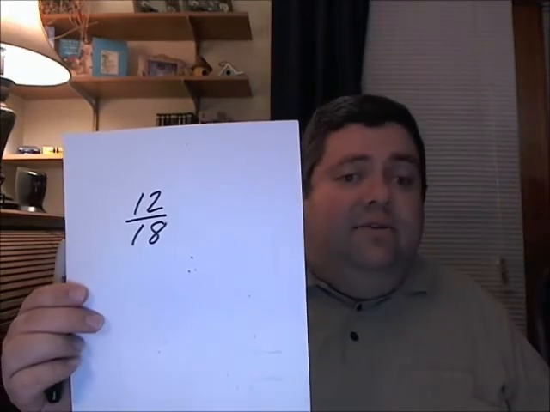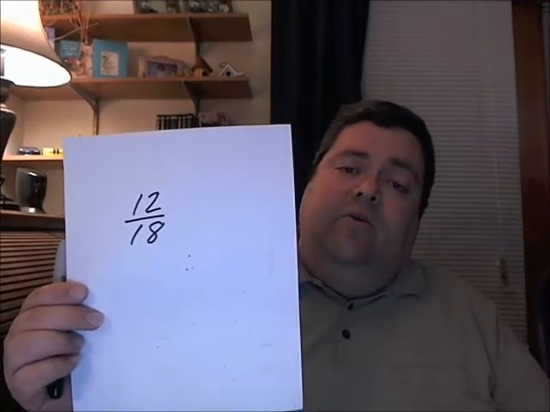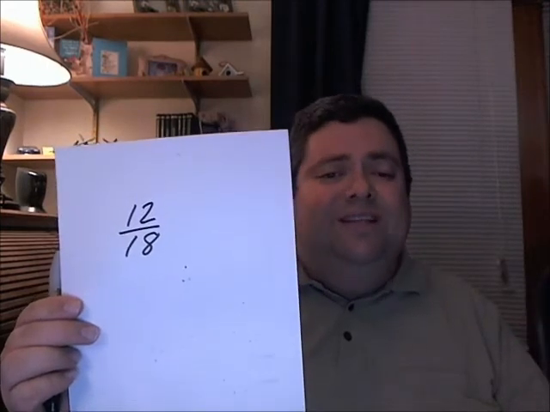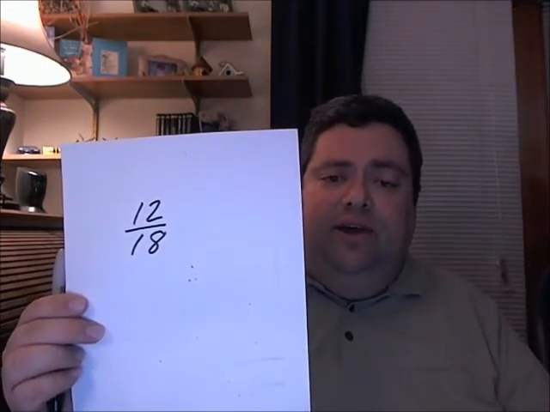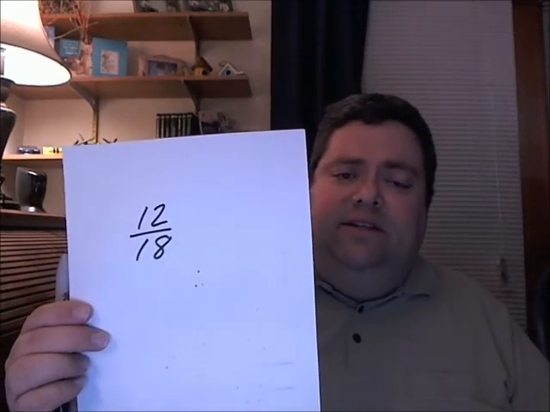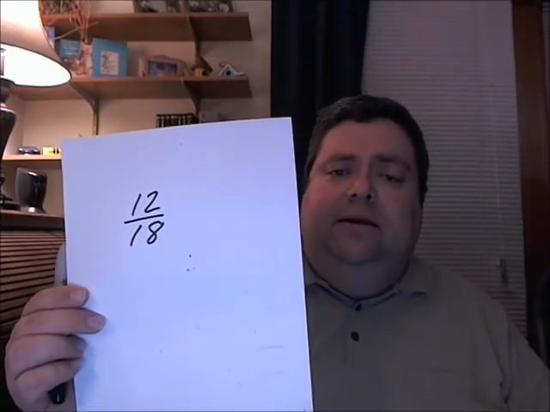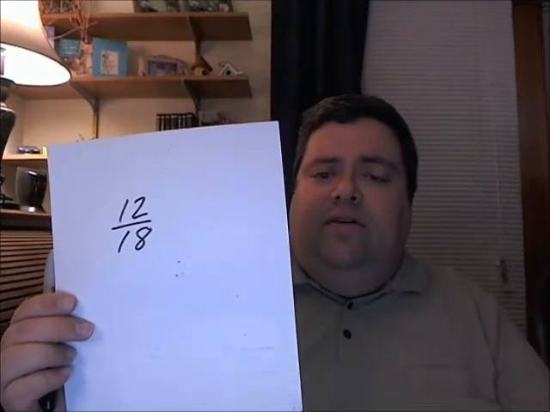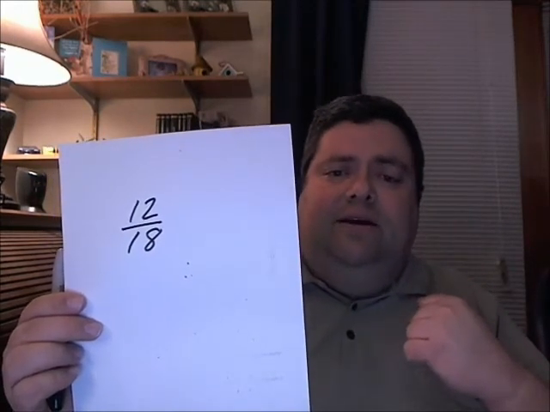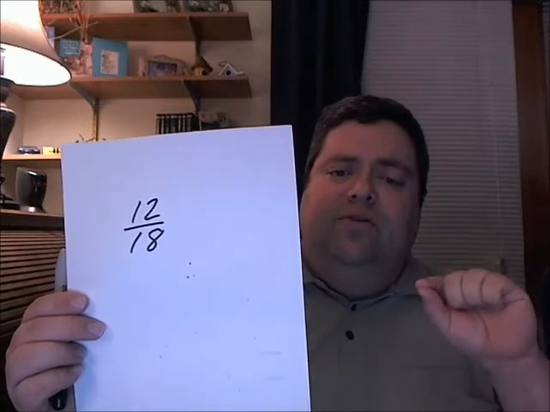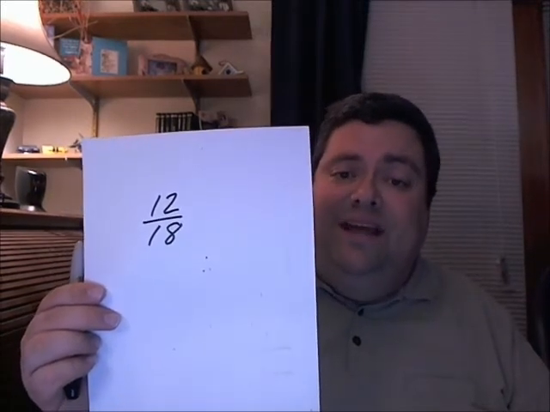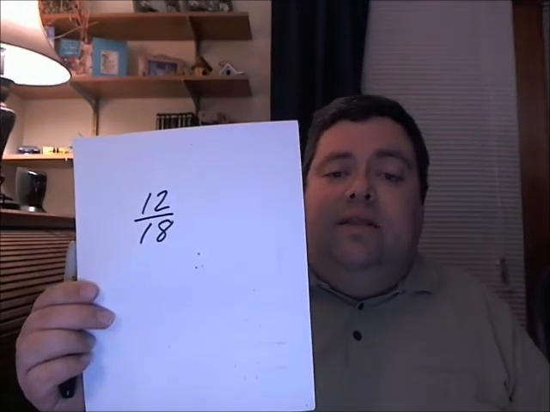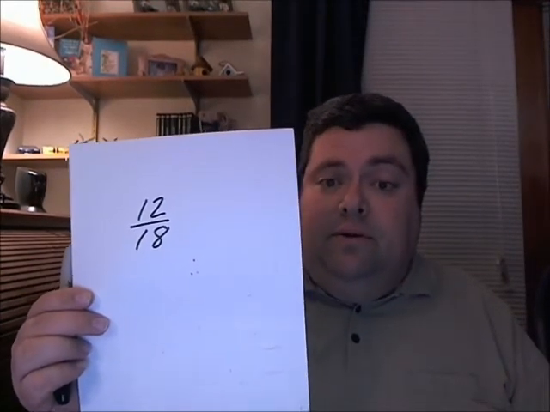Well, there's a lot of numbers I could divide them by to find an equivalent fraction, a fraction that stands for the same amount, but using different numbers to show that. 12/18 is showing that there are 12 out of 18 full pieces. I can't divide by just any number because if I reduce the value of the numerator, I must also reduce the value of the denominator by the same amount. Well, that means I have to divide by the same number.